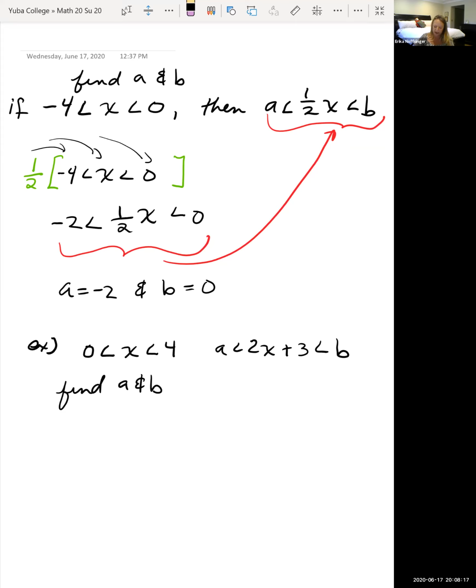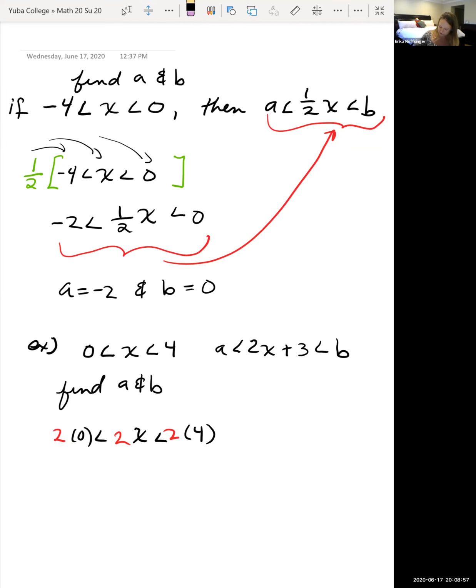Up above, we multiplied everything through by 1/2 in order to get that 1/2 x. So notice if we multiply everything by 2, we can get at least part of this piece in between. We can get 2x. So let's multiply every single term by 2. So we have 2 times 0, which is less than 2 times x, which is less than 2 times 4.